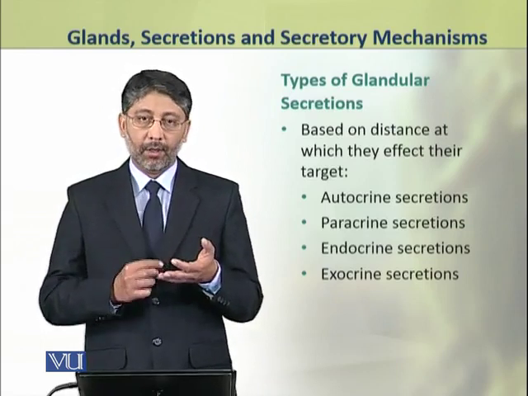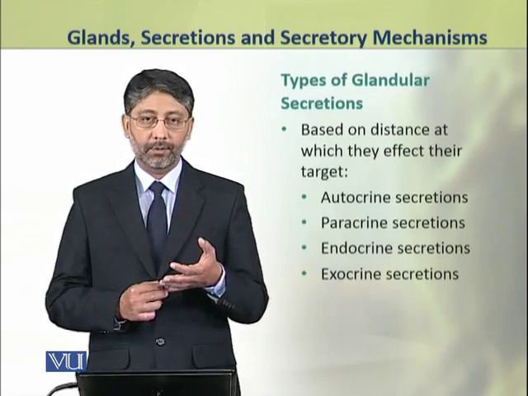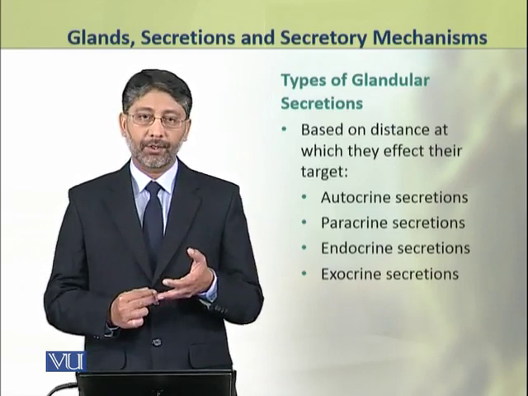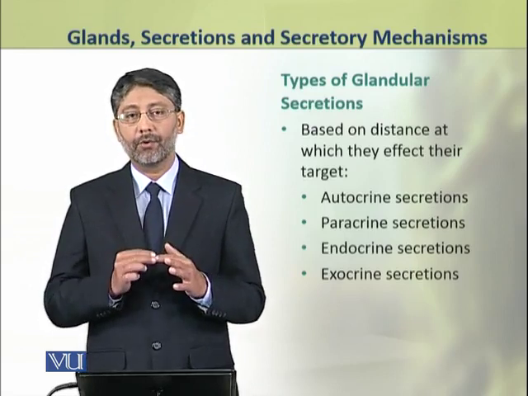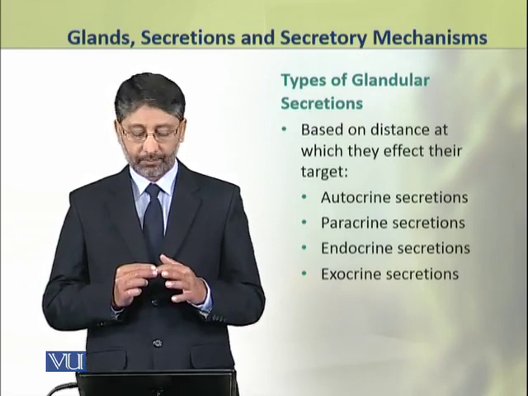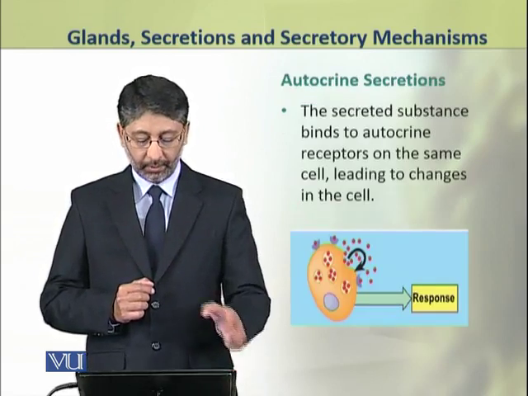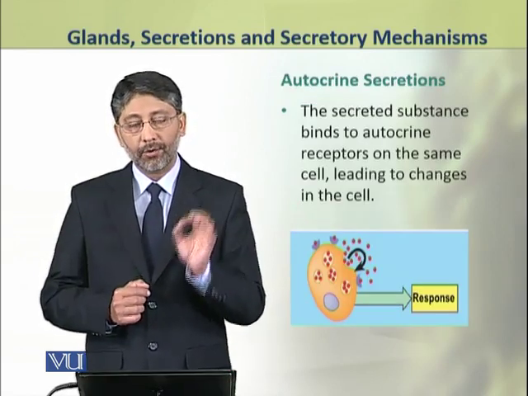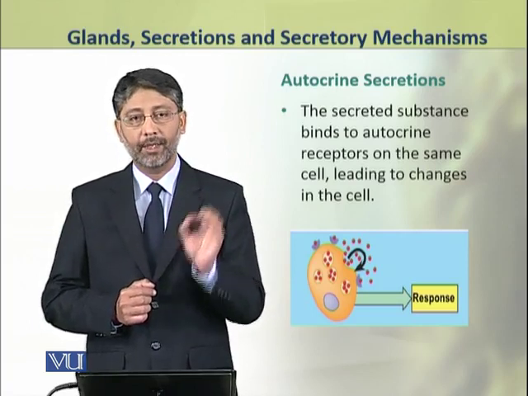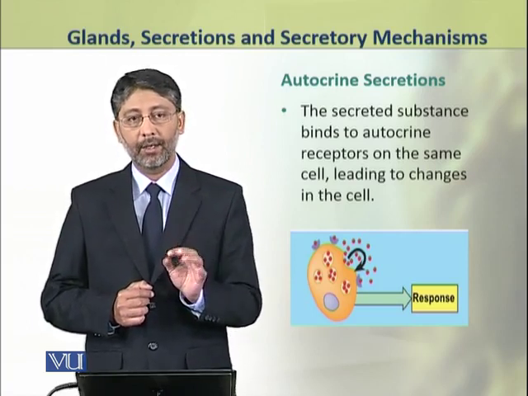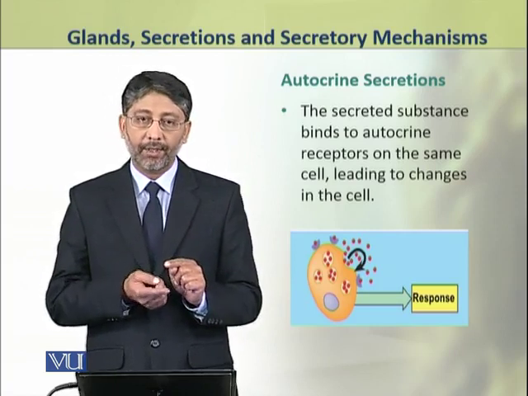Number 1, Autocrine Secretions. Number 2, Paracrine Secretions. Number 3, Endocrine Secretions. And number 4, Exocrine Secretions. The autocrine secretions are those secretions which are produced by a gland or a cell and act on the cell itself.